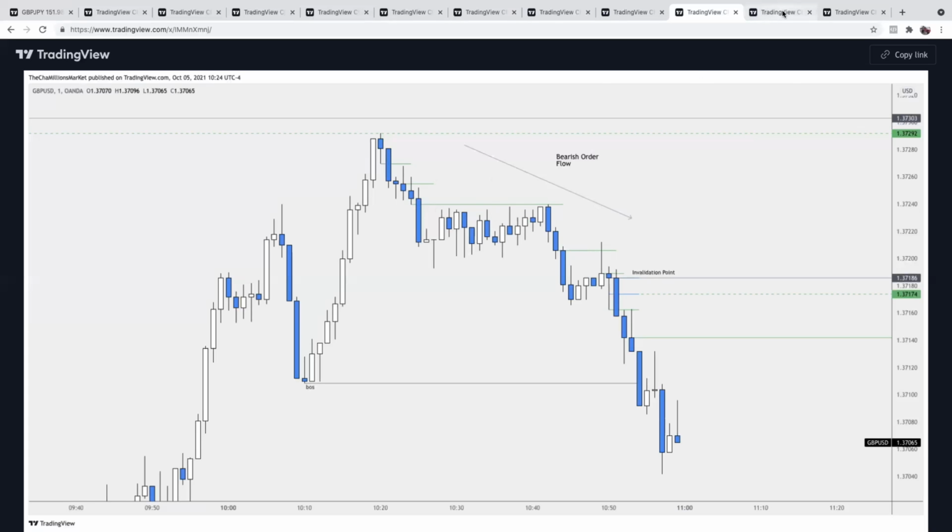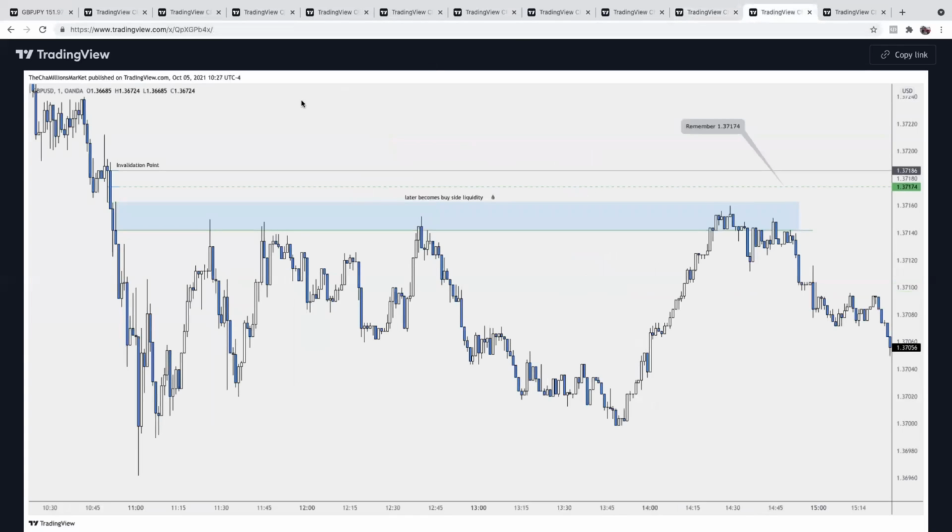And once again, like I said earlier, I love when I see potential liquidity being built up. If I have two supply zones stacking over top of each other, the last one closest to the breaker structure, I love when I see it potentially could create buy side liquidity, because looking at this in hindsight, you don't know.